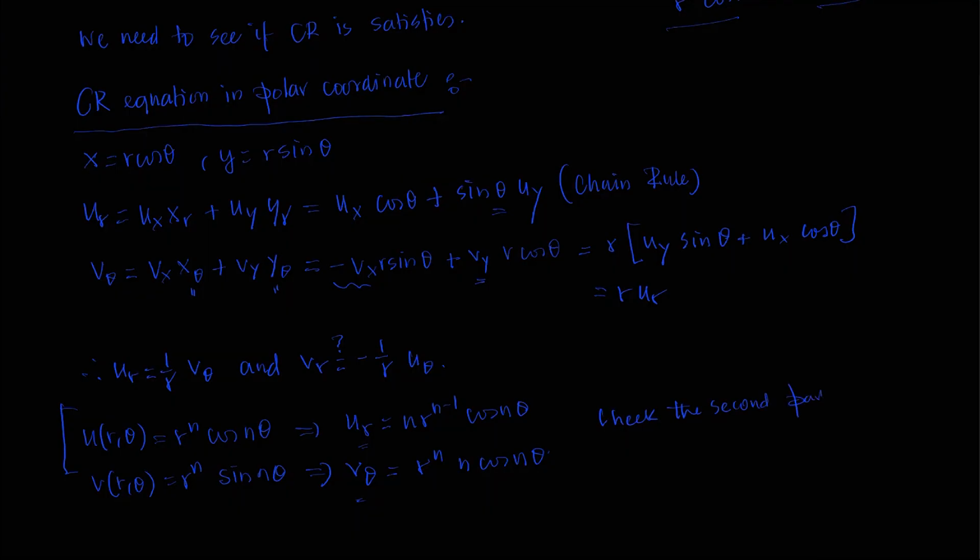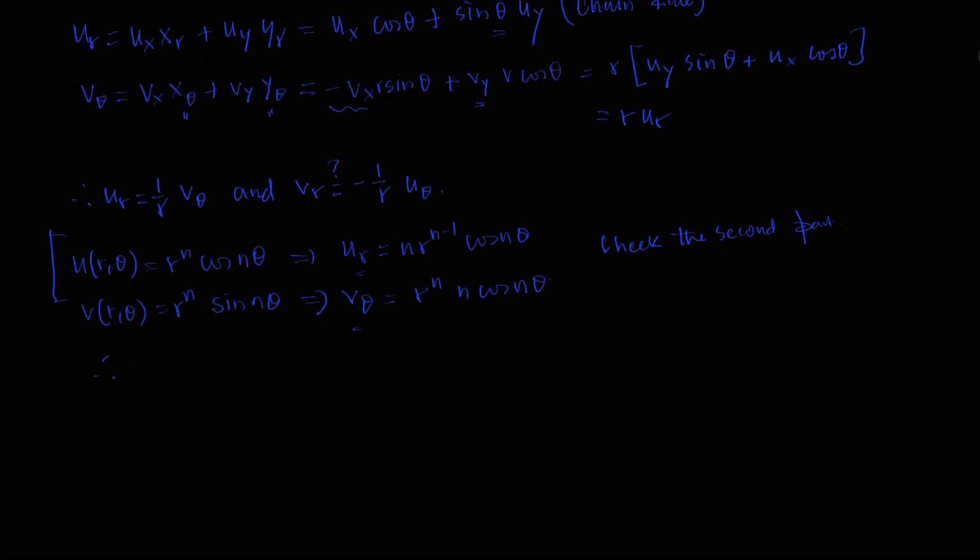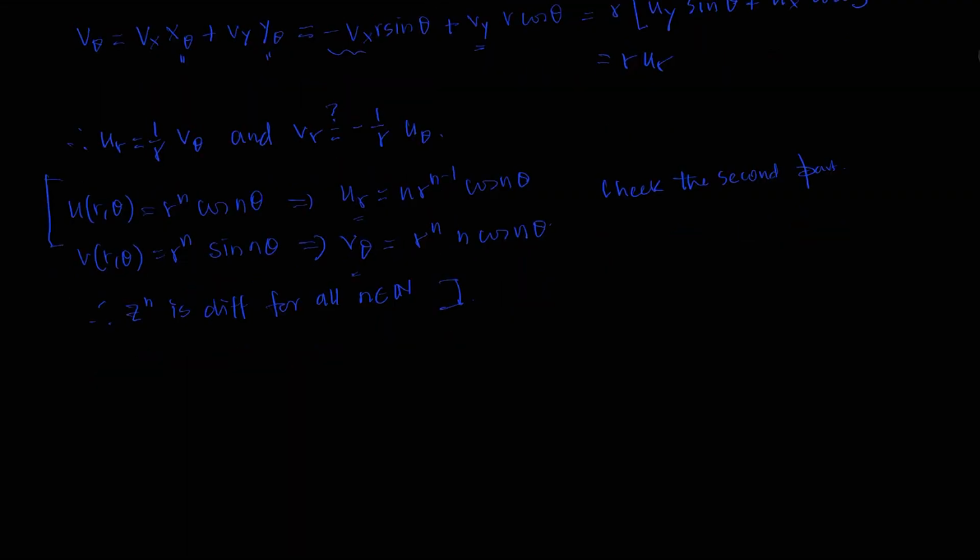Okay. So what did we deduce? We deduced that the function z power n is differentiable for all n in N. Clear? This is always true. So what did we learn? We learned that a function f of z, you can write it as u plus iv.